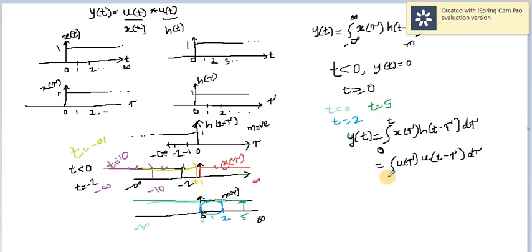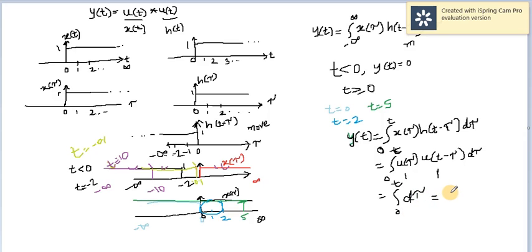The value of u of tau is 1, and even u of t minus tau is 1, and whether it lies on the right side or left side, that will all be taken care of by the limits. So we don't have to worry about that. When we do the integration, it is simply the integration from 0 to t of d tau, and when we solve this, it gives us the answer t.